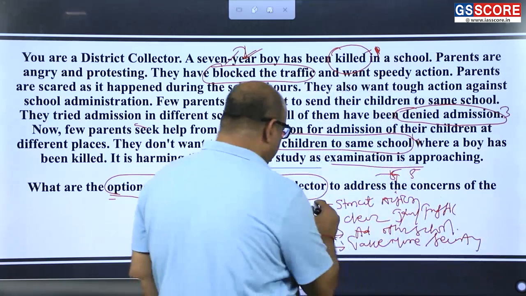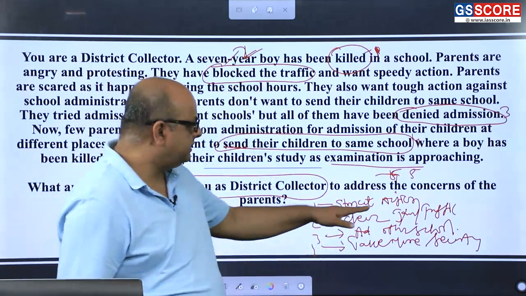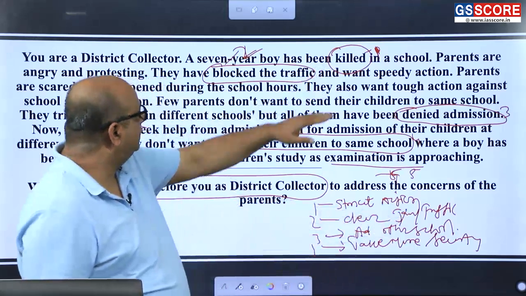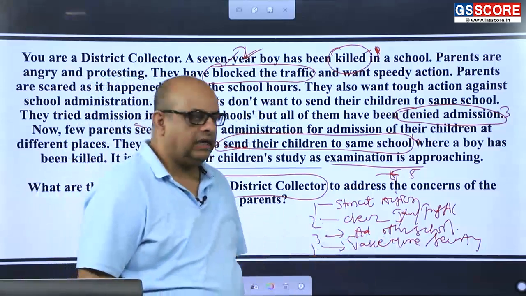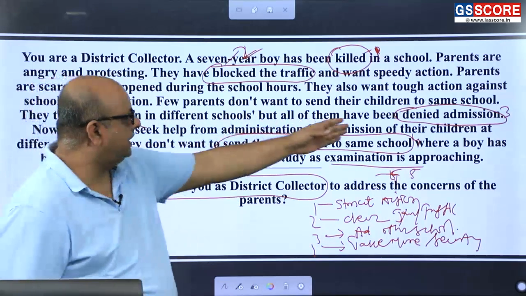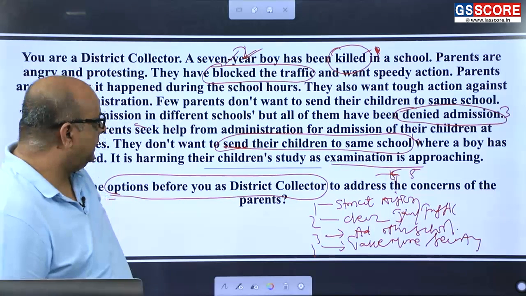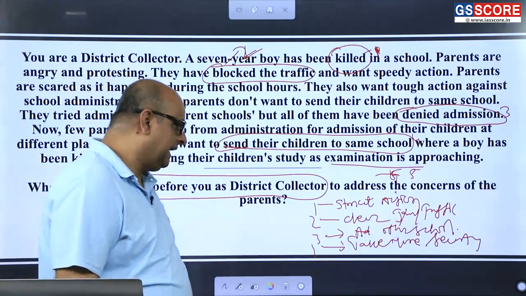So it says strict action against the school management, clear the traffic as parents block the traffic, help parents to get their children admitted in other schools, or you can say postpone the examination, and so many options are there. Again, I have a question.